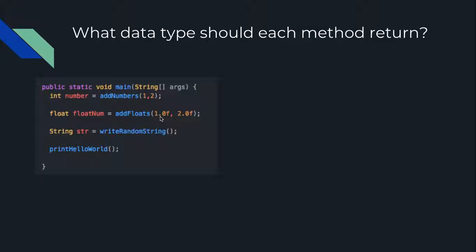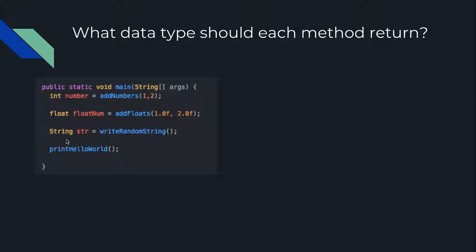So we're adding two floating point numbers, 1 and 2. So it seems like the return type for add floats is going to be float. And here we have a string declared to be a string, and then we are writing a random string, so it's probably going to generate some random string for us. So the return type for this method should be a string.